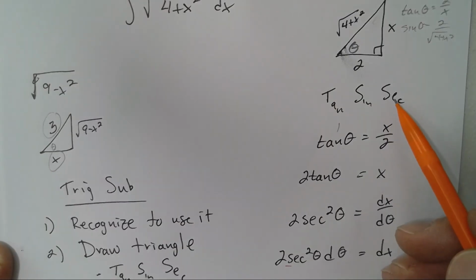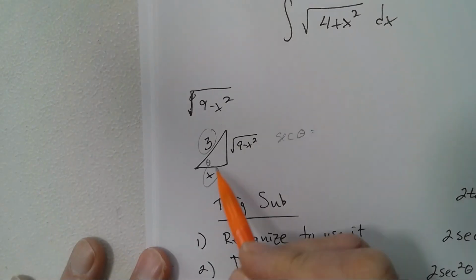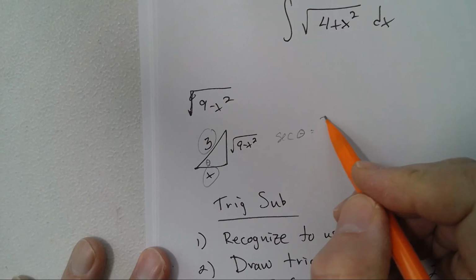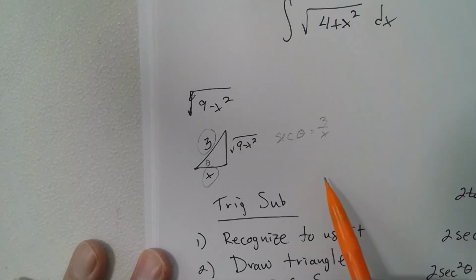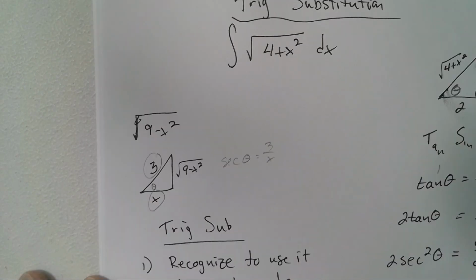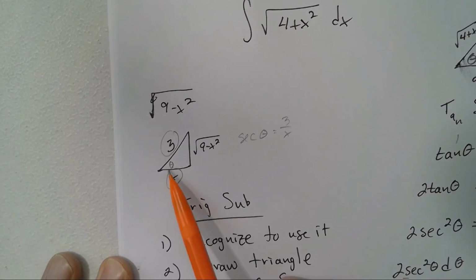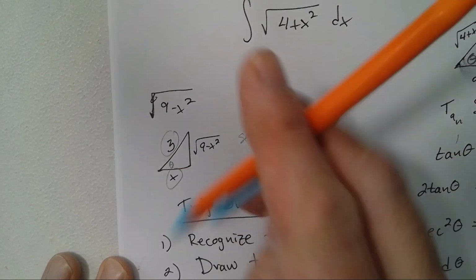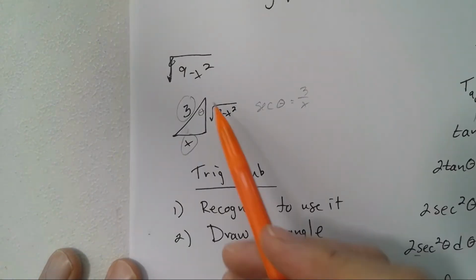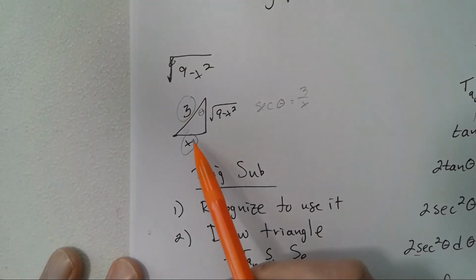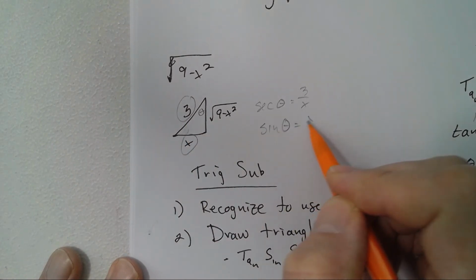So I'd say the secant of theta equals 3 over x. Well, that didn't work because we need the x to be on top. You can't use tangent there because that's not the right two sides, and you can't use sine here because it's not the right two sides. So theta would have to be on this side, and now these are the two sides we're going to use. That's opposite and hypotenuse. So the sine of theta equals x over 3, and that's the equation that you would use.